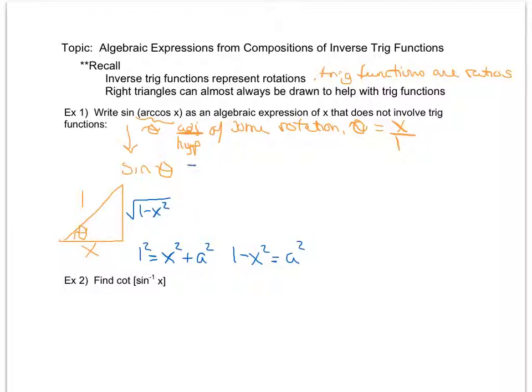Then couldn't I figure out sine? If sine is opposite over hypotenuse, I have an opposite and a hypotenuse. It's the square root of 1 minus x squared all over 1, which is just the square root of 1 minus x squared.